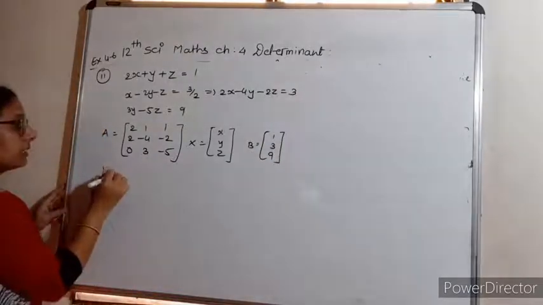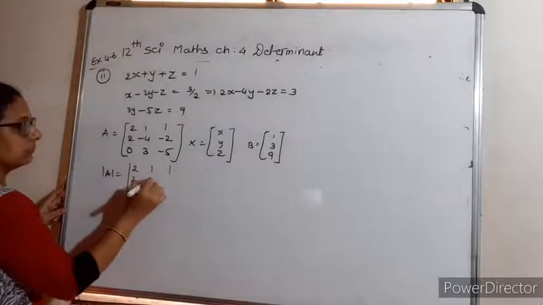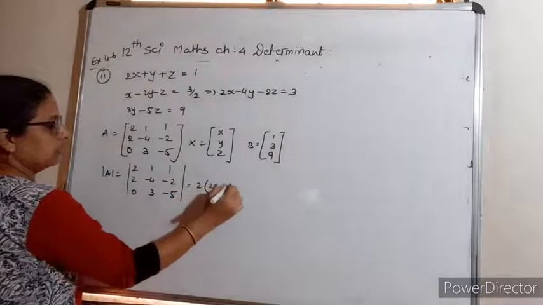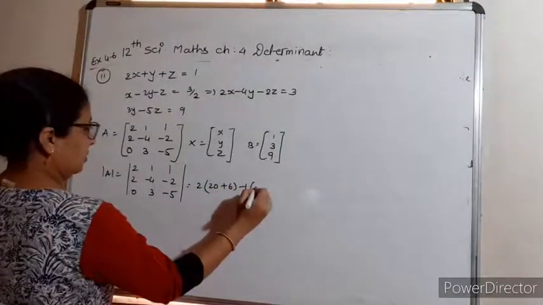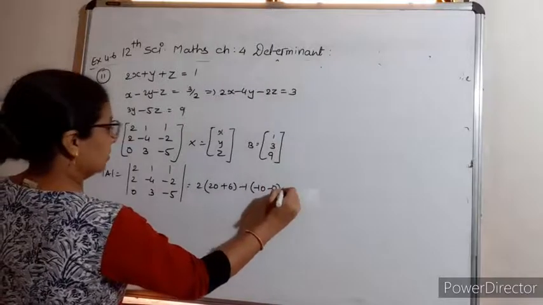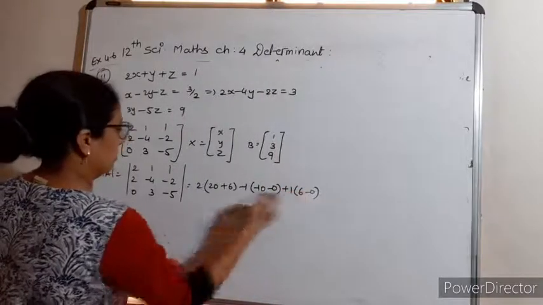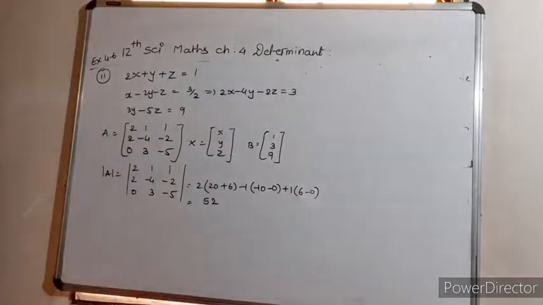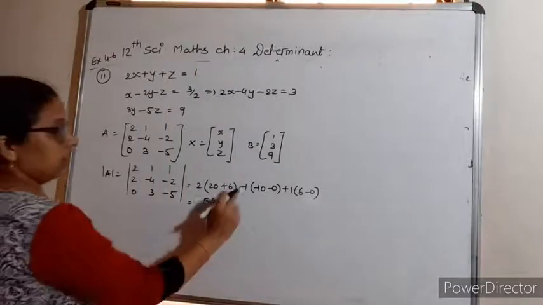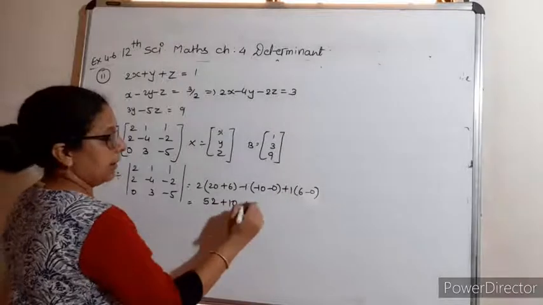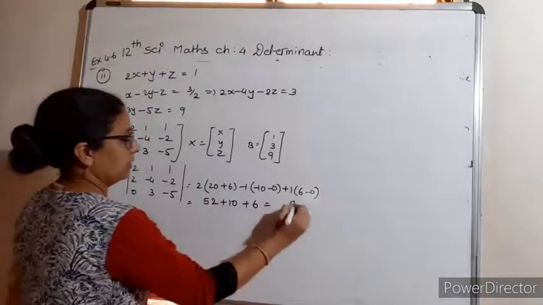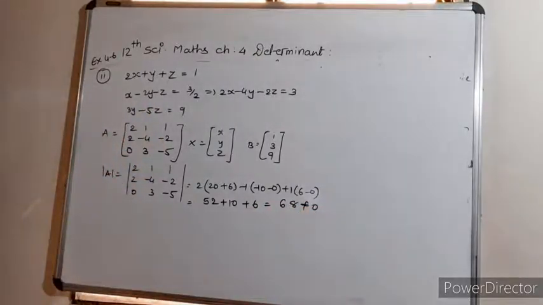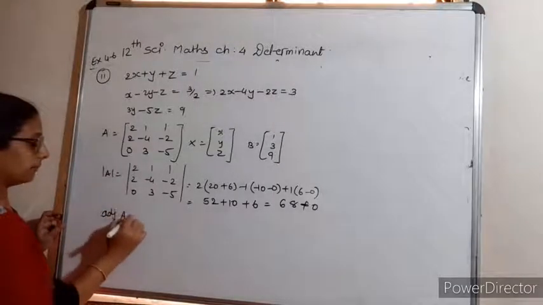Now we'll find the determinant of A. Twenty-six twos are 52. Here minus minus plus 10 plus 6. It is 68, which is not equal to 0.